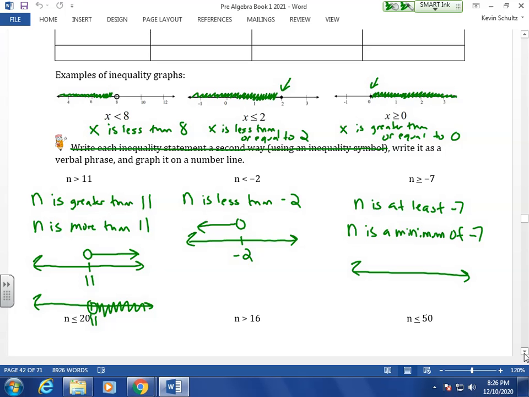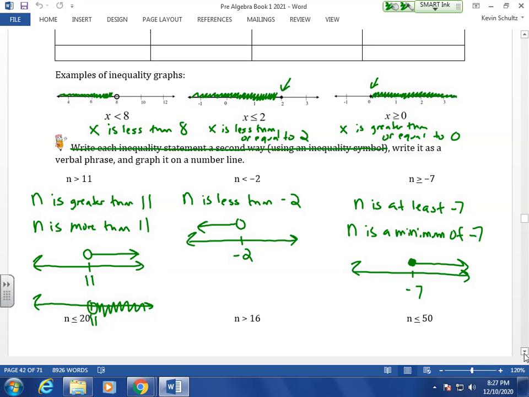You're probably all screaming at me, it's -7! Oh, luckily I caught that myself. This time on our graph, we're going to plot -7, and it's going to be a closed circle, right? Because this time -7 is included. That's what that or equal to part means. That -7 is also a solution here. And then the values that are greater than -7 are going to the right.